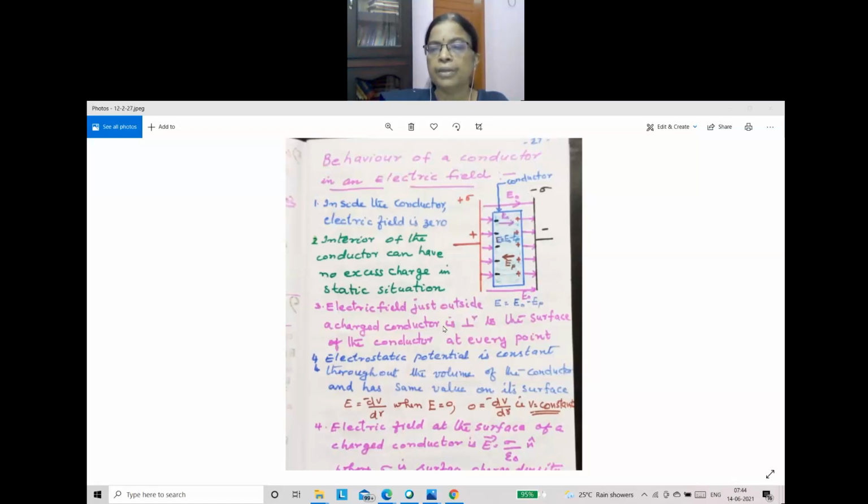It attains a static state when the internal electric field is equal and opposite to the external electric field. Okay, children? These are all the things happening inside the conductor.